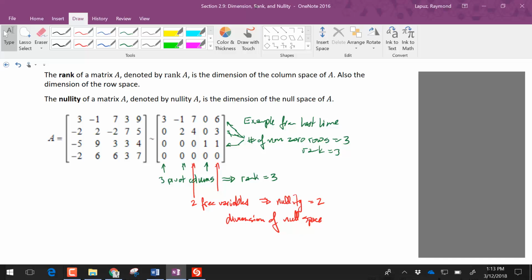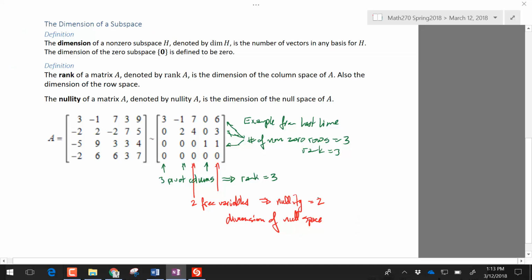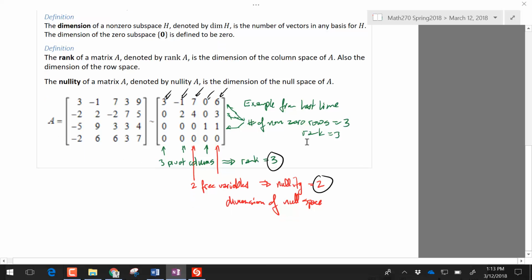So we're ready for the big theorem here. The rank and the nullity add up to what? The number of columns: 1, 2, 3, 4, 5. Not the rows, the number of columns. So that's going to lead us to what we call the rank theorem.